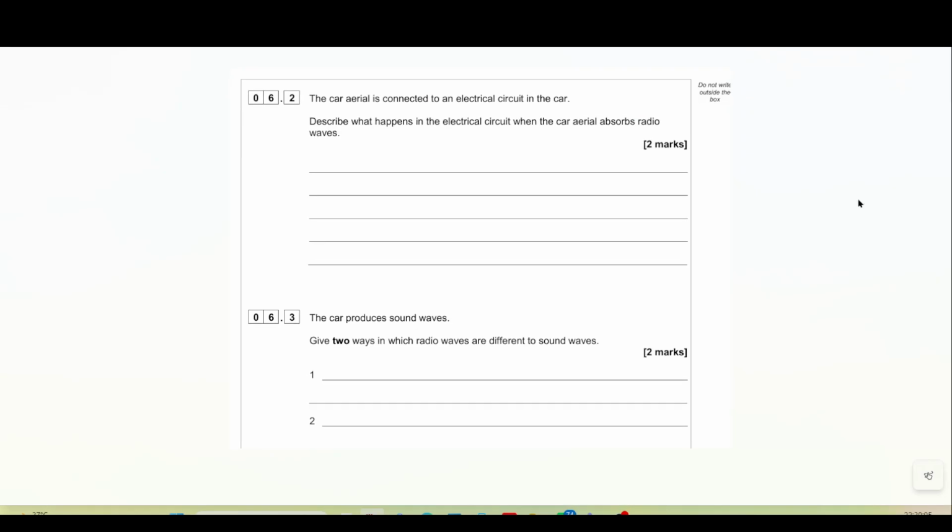The car aerial is connected to an electrical circuit in the car. Describe what happens in the electrical circuit when the car aerial absorbs radio waves. So what happens?